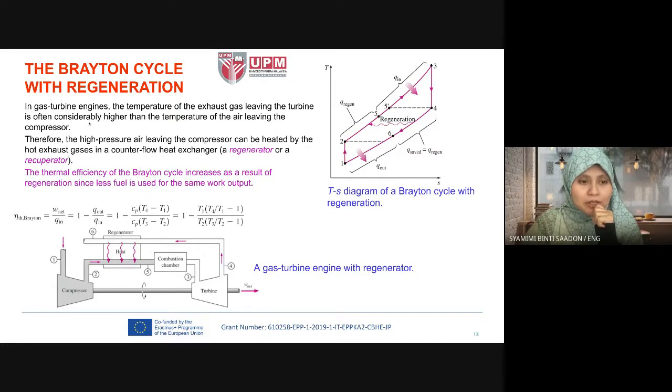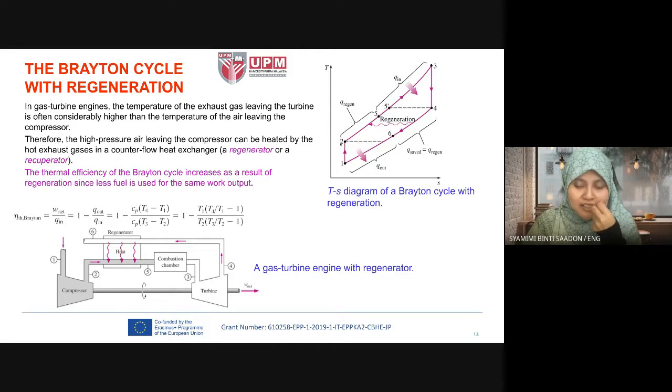is often considerably higher than the temperature of the air leaving the compressor, T2. Look at T4 and T2, focus on them. T4, the temperature of the exhaust gas leaving the turbine, is often higher than the temperature of the air leaving the compressor, T2.